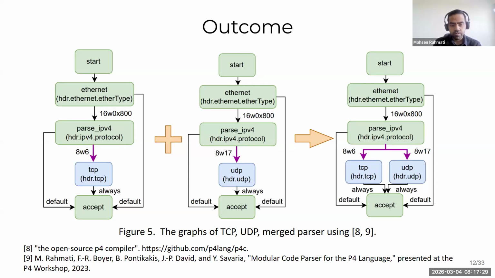Because we have the equivalent node in parse underline IP version 4, the compiler merges UDP as a child of parse underline IP version 4 in the base parser. So this is the output of this work.